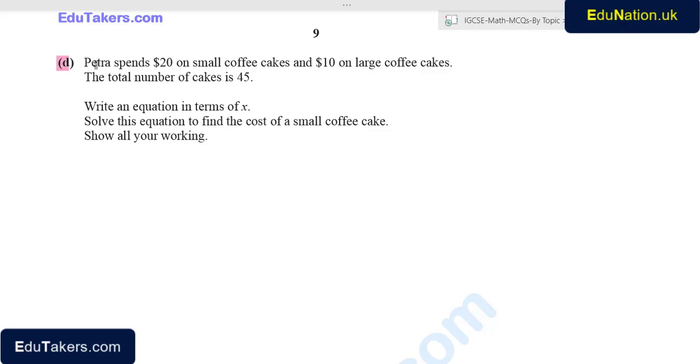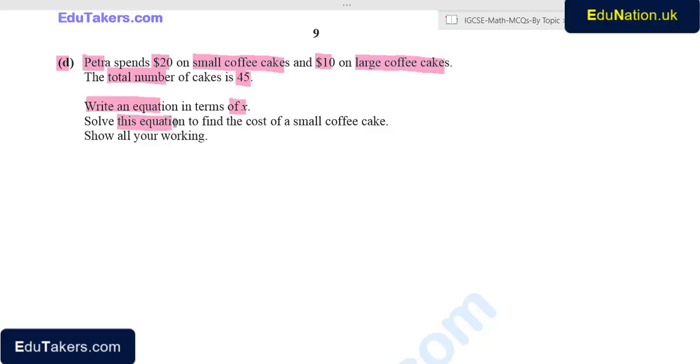Part D. Petra spends $20 on small coffee cakes and $10 on large coffee cakes. The total number of cakes is 45. Write an equation in terms of x.